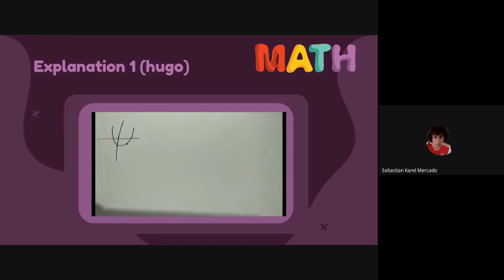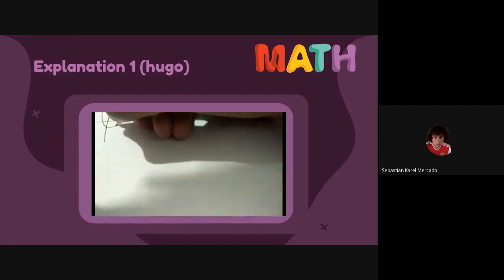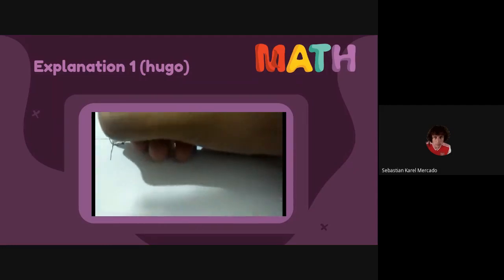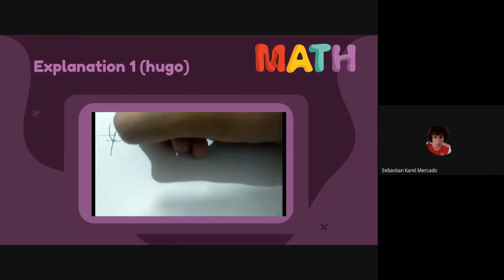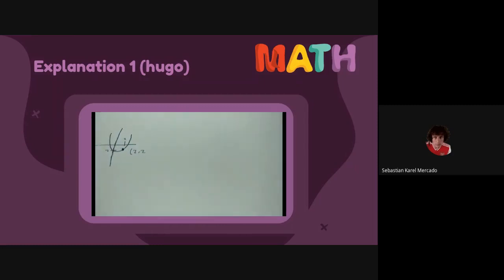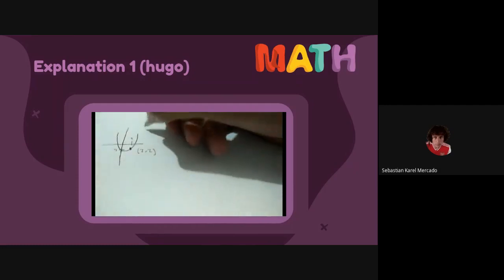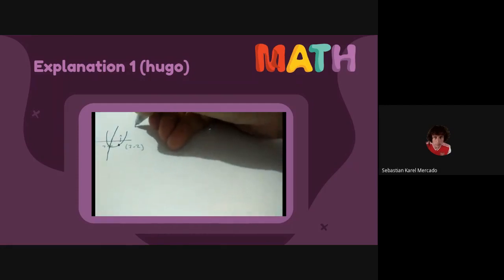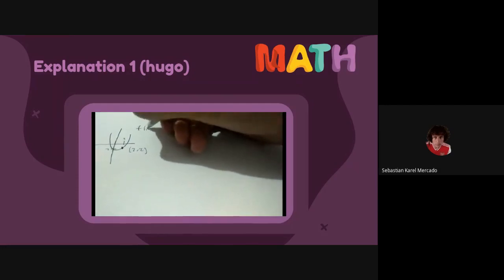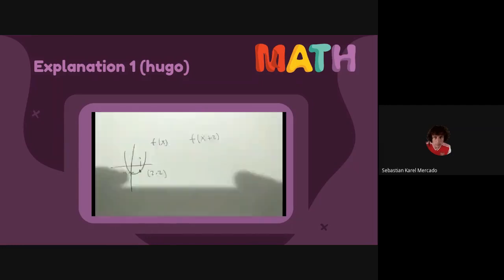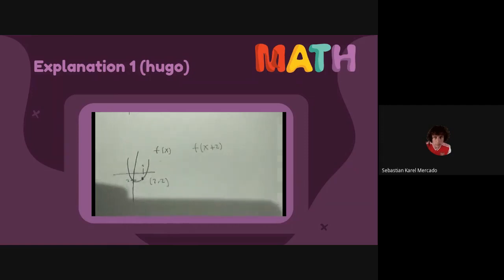We are going to say it's (2, 2), and we are going to label this graph f(x). So basically this is the starting graph, and what we want to do is work out what f(x) is.